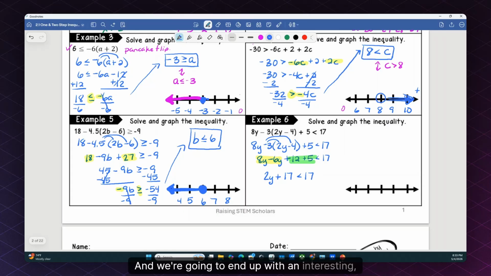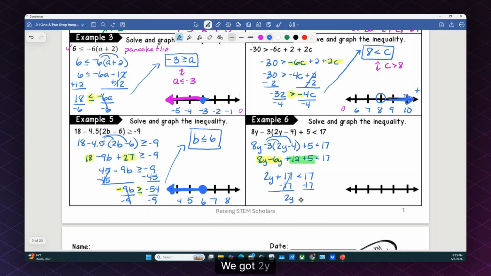And we're going to end up with an interesting situation here where when we subtract 17 from both sides, sometimes students, this will give them pause and they're like, oh my gosh, what happened? We got 2y and 0, and was that an error? It's not an error. It's okay.